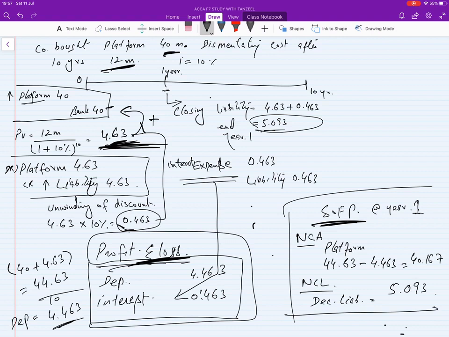We calculated the depreciation here, and the interest from here. If you are discounting with 10%, then you need to unwind that discount with the same rate of interest.